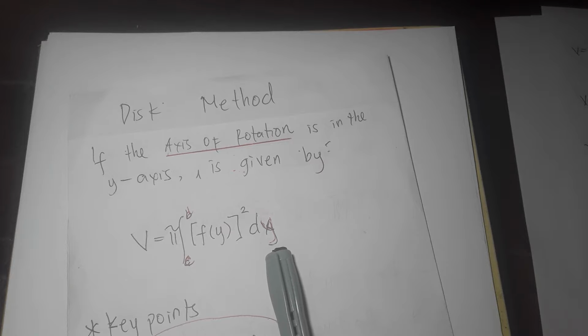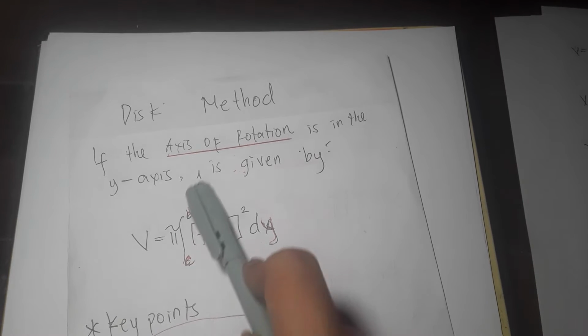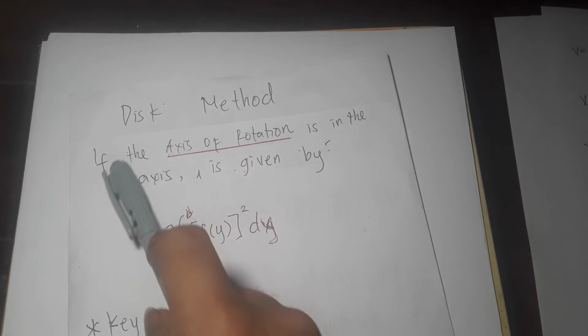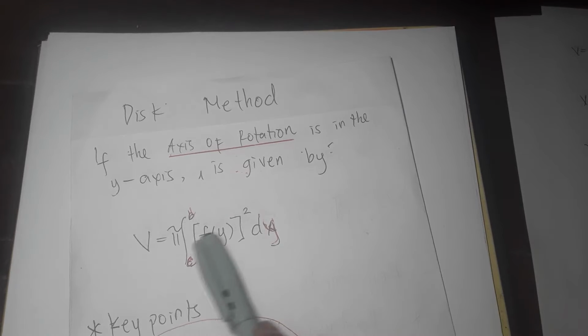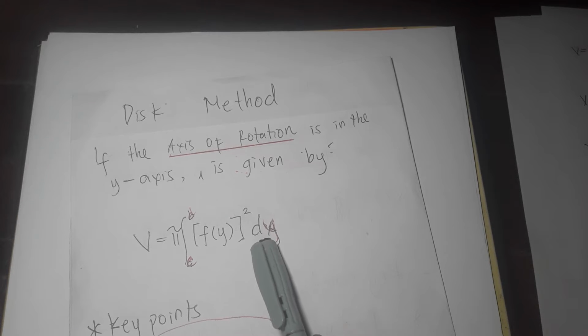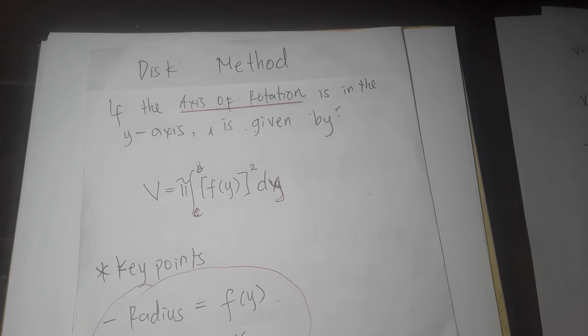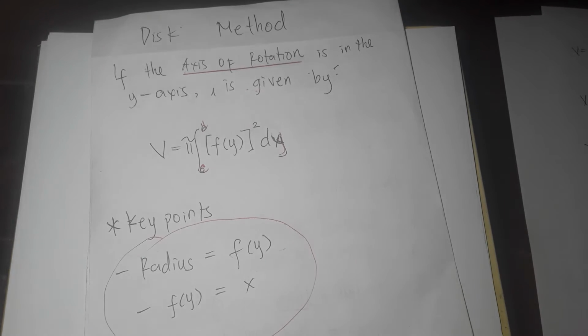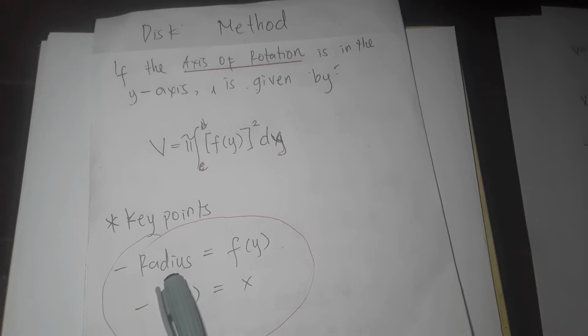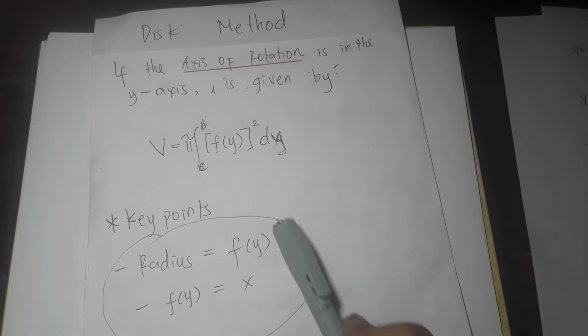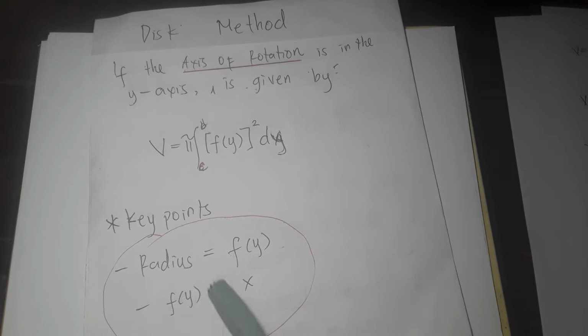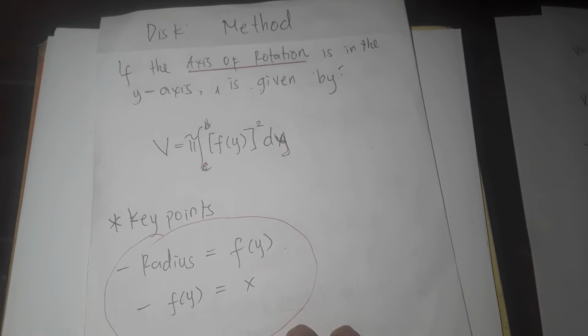So dy here, because the axis of rotation is the y-axis, and the function is f of y. That's why we need to respect y. For the key points, the radius is equal to the value of f of y, and the value of f of y is equivalent to the value of x. Don't get confused about that.